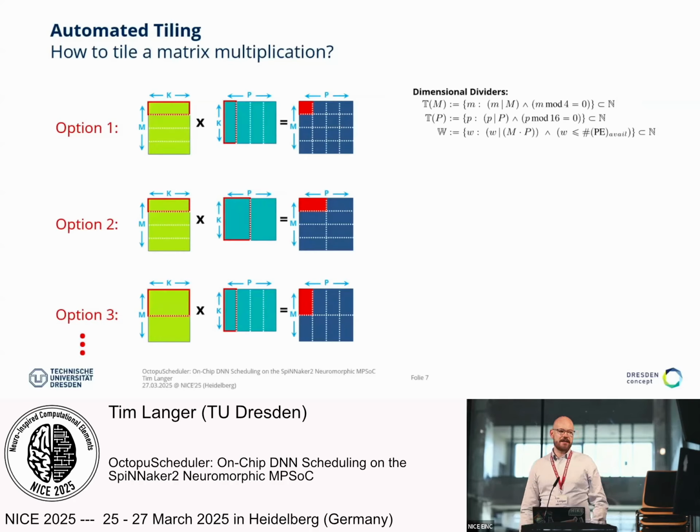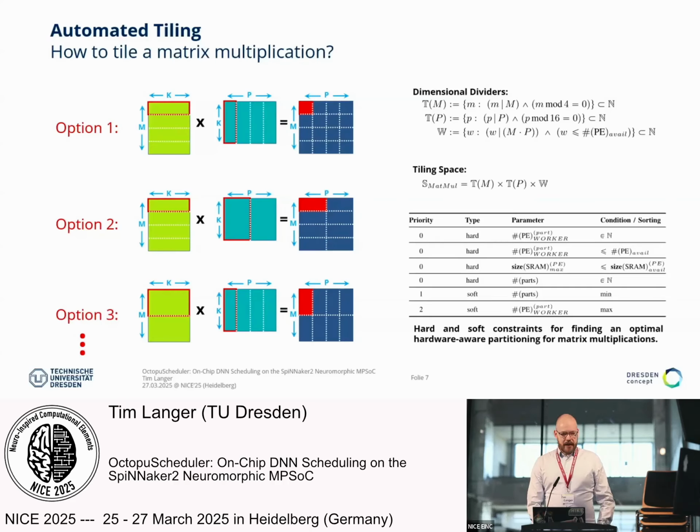So the input height, which is M in this case, and the output width, which is P in this case. We look at the list of dividers of these figures, and a list of dividers of the product of these numbers for the possible number of worker PEs. And this spans a parameter space. And this can contain tens or hundreds of possible configurations for tiling.